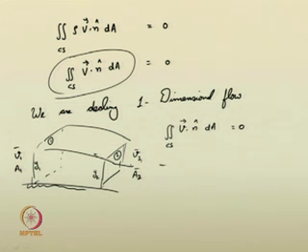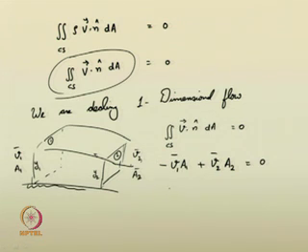So, I can write this as minus V 1 bar A 1 plus V 2 bar A 2 is equal to 0, where V 1 bar is the average velocity in the cross section area A 1, V 2 bar is the average velocity in the cross sectional area A 2.